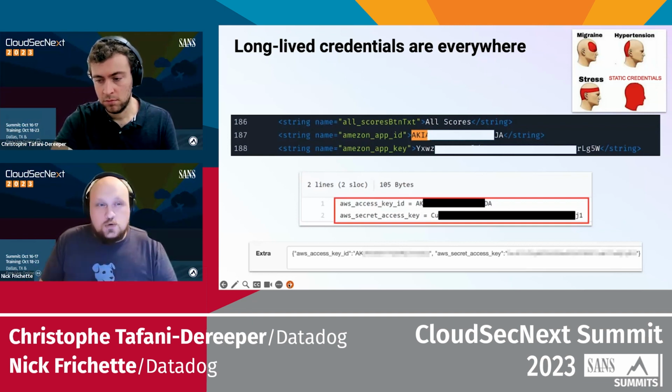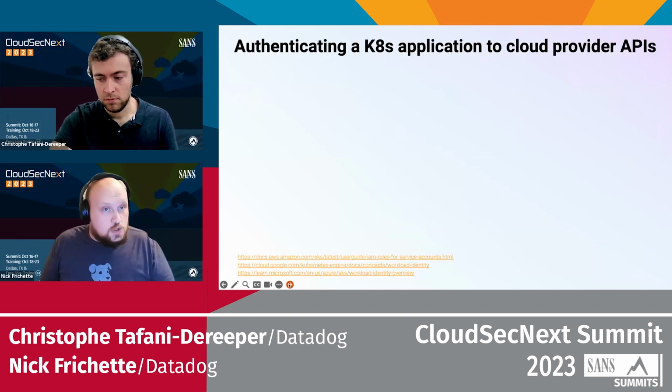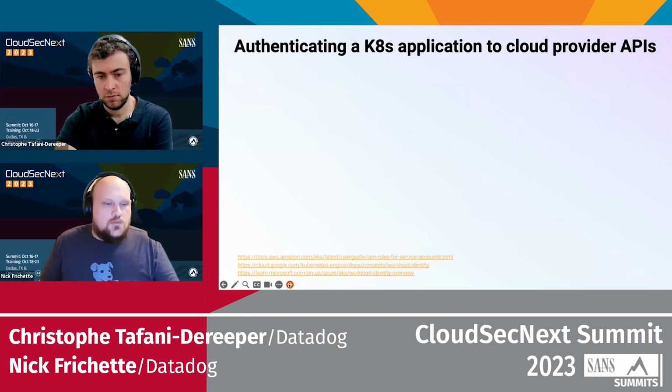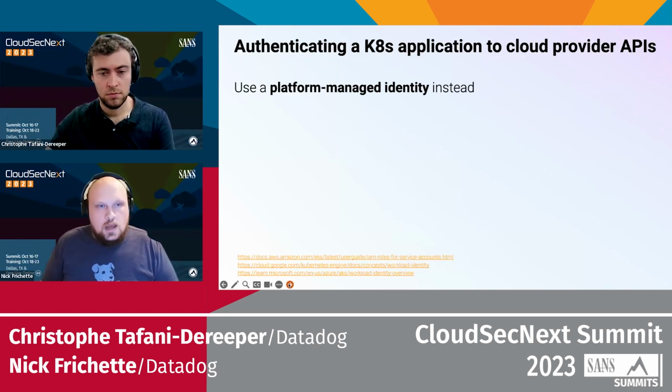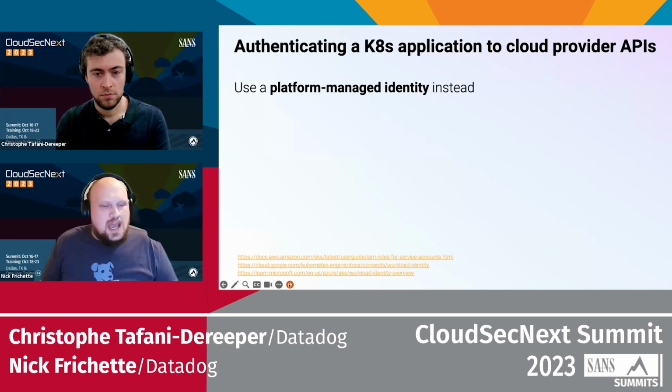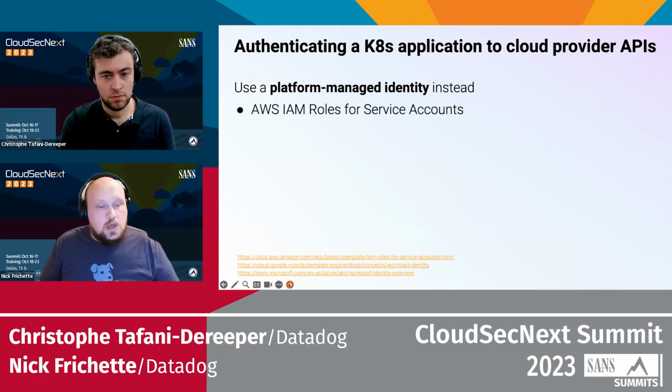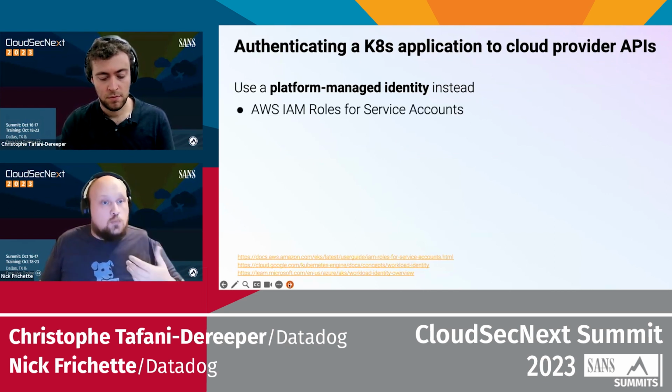The much better solution would be to use short-lived credentials. These are ways of providing a particular application or service the ability to access cloud resources for a relatively short period of time. And depending upon your cloud service provider, you'll have different ways of doing that. So in AWS, this would be an IAM role.